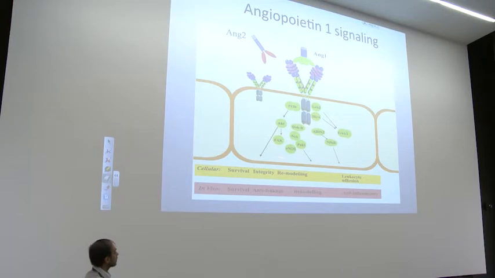This is an example of a few molecules that have been identified that show some effect. Looking at the functional effects at the cellular level, the PI3 kinase AKT pathway is quite essential in this cascade and is involved in survival and maintaining the integrity of the endothelial cell. The ERK pathway is also essential in survival, remodeling, and leukocyte adhesion.